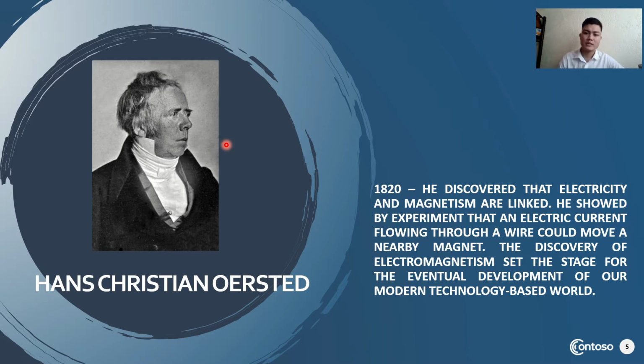The discovery of electromagnetism set the stage for the eventual development of our modern technology-based world. It is very tangible and feasible that this idea made our modern community progress.